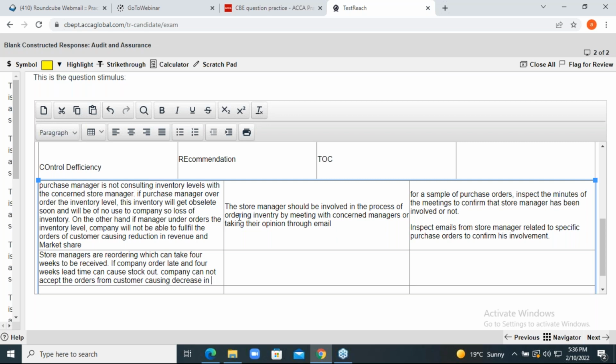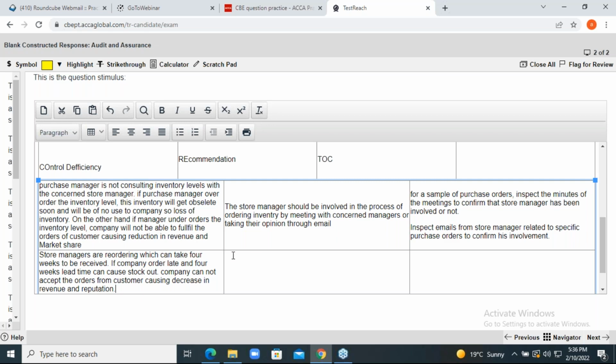So when we receive it after 4 weeks, we will process and give to them. So, once again, the cancellation of customer orders, so decrease in revenue and reputation.